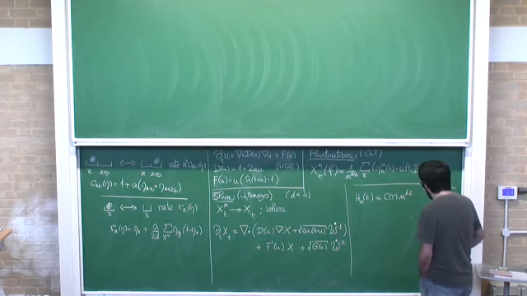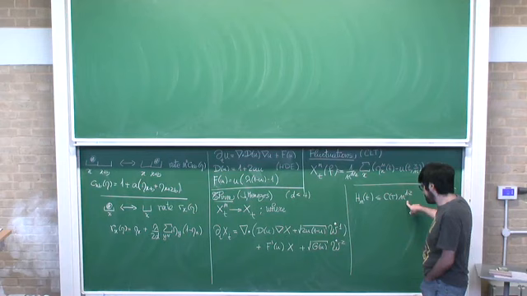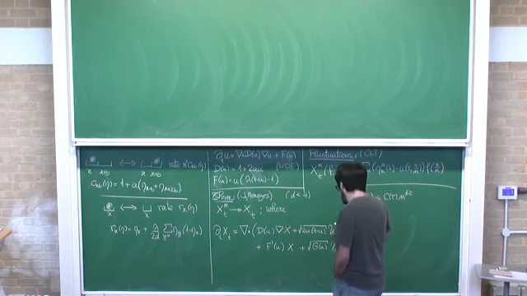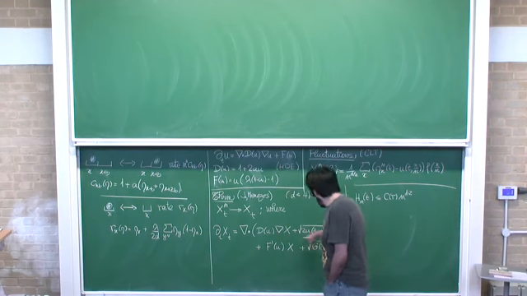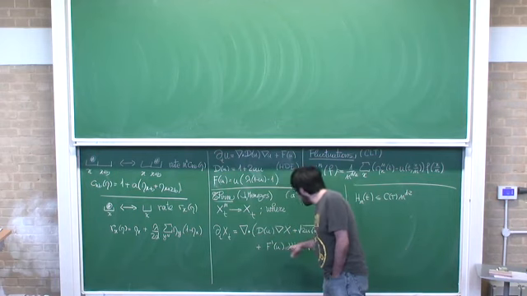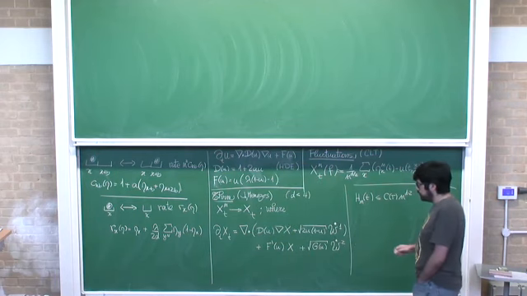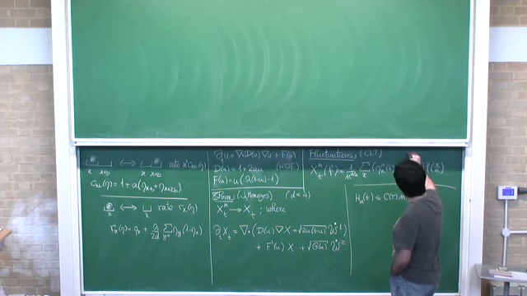I already discussed this the other day, but now, what is going to compete here, what makes this d over 4 critical, is the following inequality.